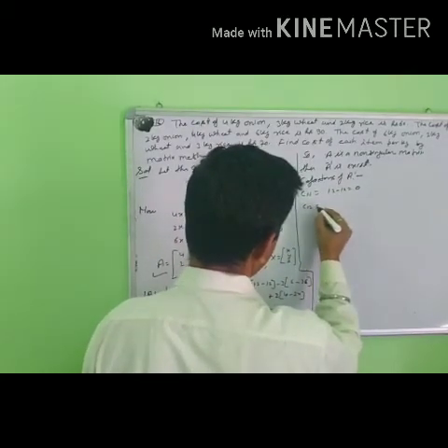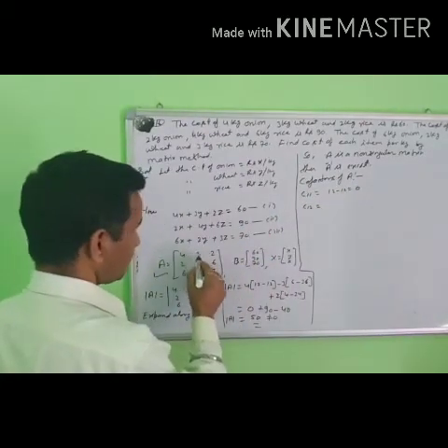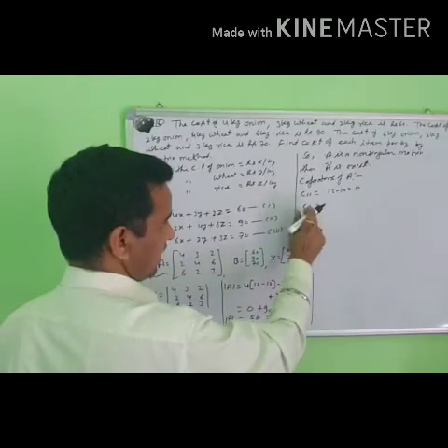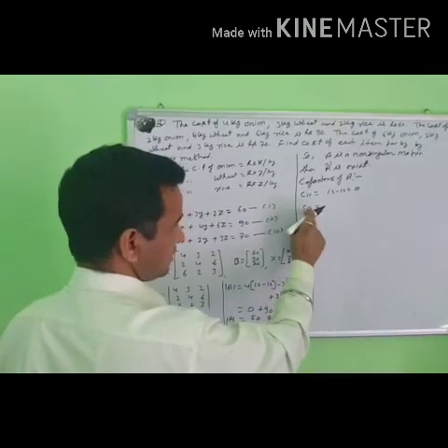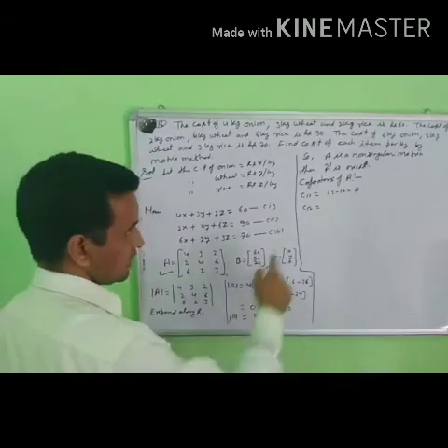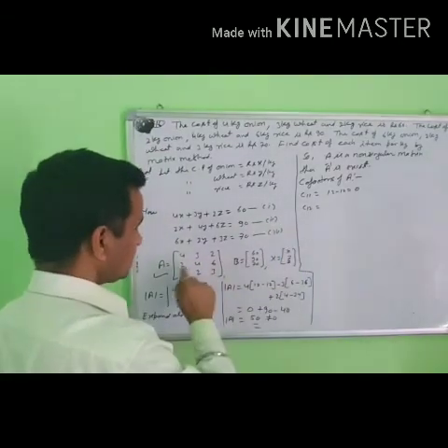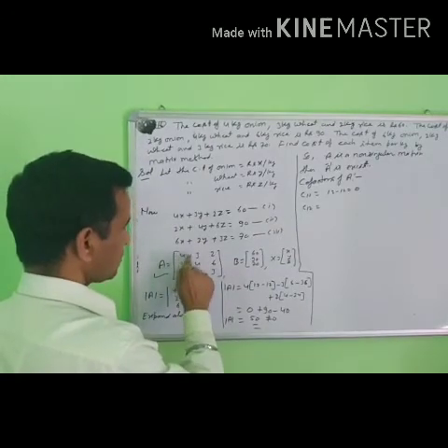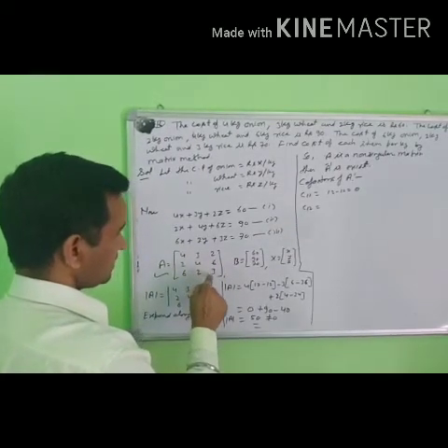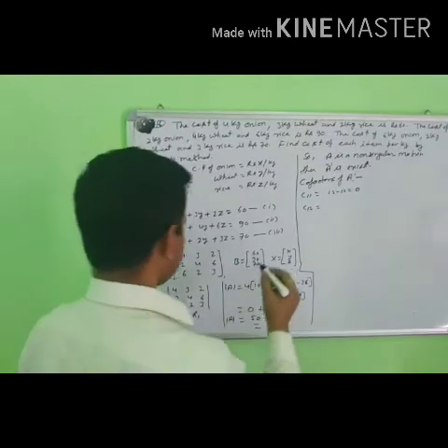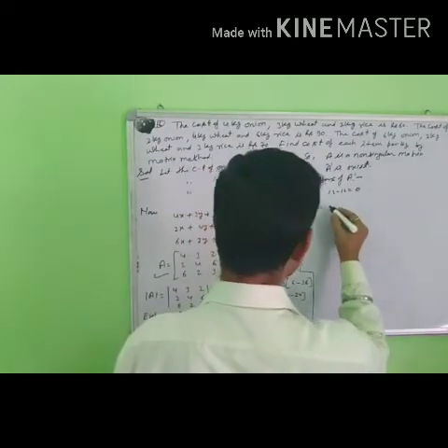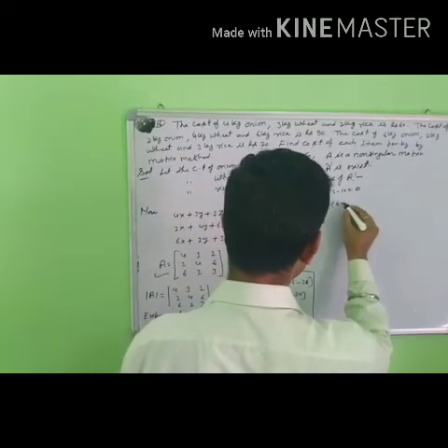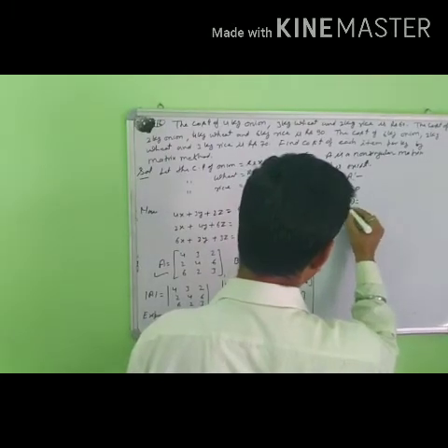Similarly C12. First row, second column will be hidden. So what is left? 3 2s are 6 and 6 6s are 36. Minus, 3 2s are 6, minus 36. What answer comes here?